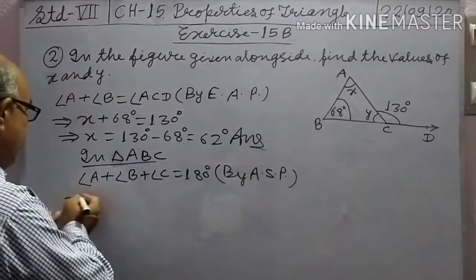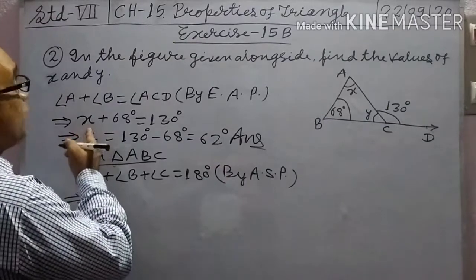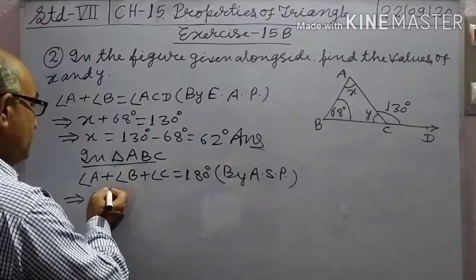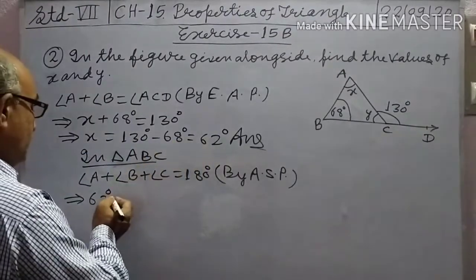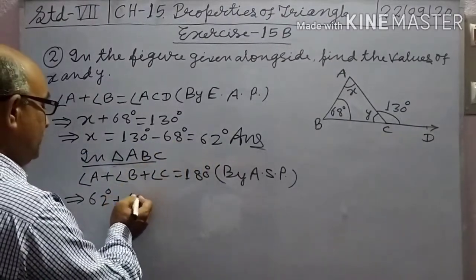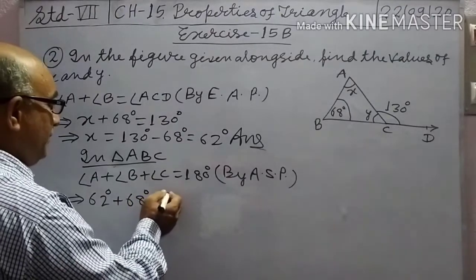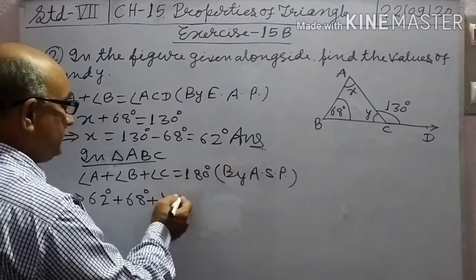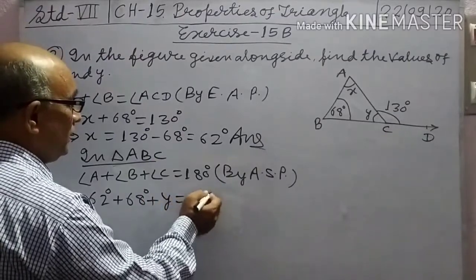That implies angle A equal to x, which is 62 degree, plus angle B equal to 68 degree and angle C equal to y equal to 180 degree.